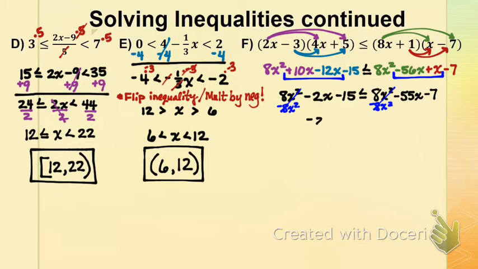So I just have negative 2x minus 15 is less than or equal to negative 55x minus 7. What do you guys want me to do from here? Add 15 sounds good. So I'm going to add 15 to both sides.